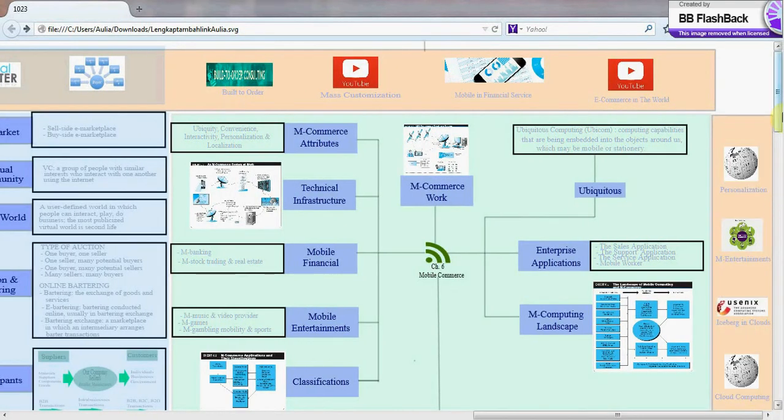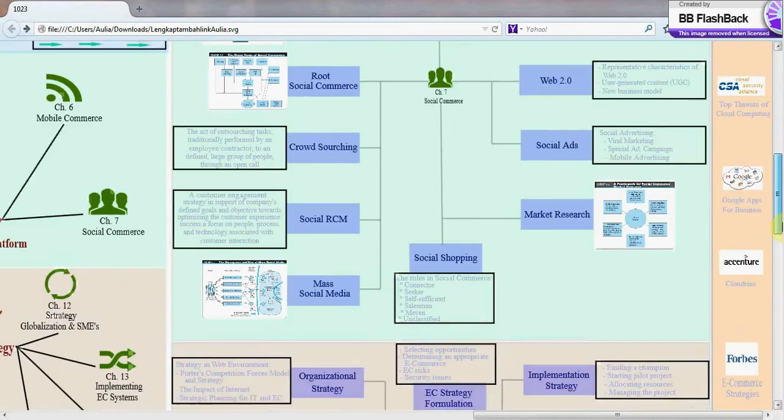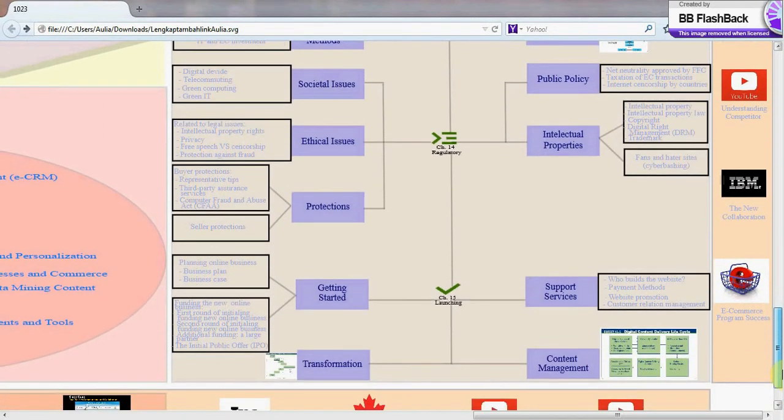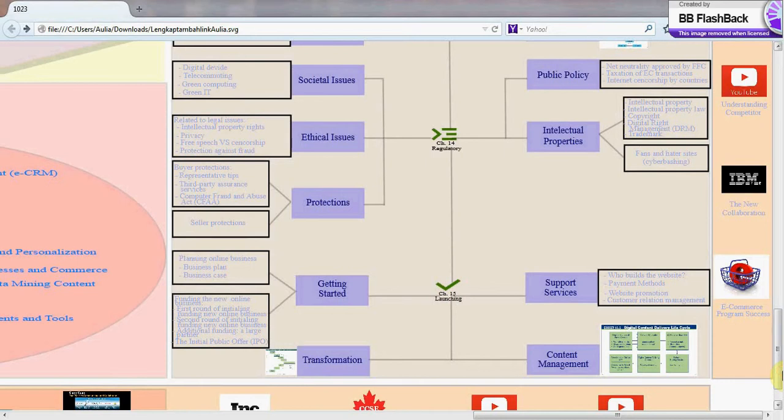I try to make this map bigger. Okay, now we will talk about Chapter 14, regulatory, and Chapter 15 about launching of e-commerce.